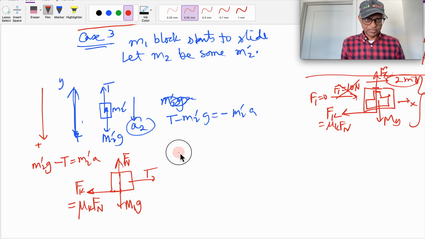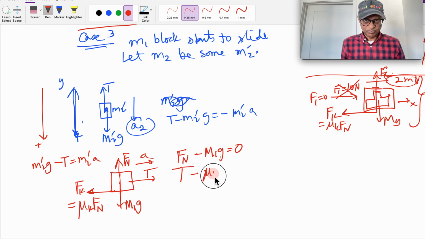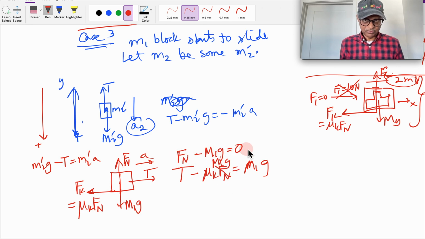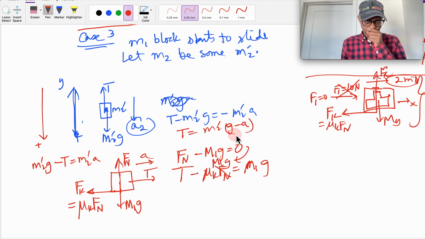So this guy is going to give me FN minus M1 g equal to 0, and it's going with the axis in this way, so T minus mu k FN equals M1 a, and this one can be put in here, so M1 g from here can be put in there, and this T is equal to M2 prime g minus a.